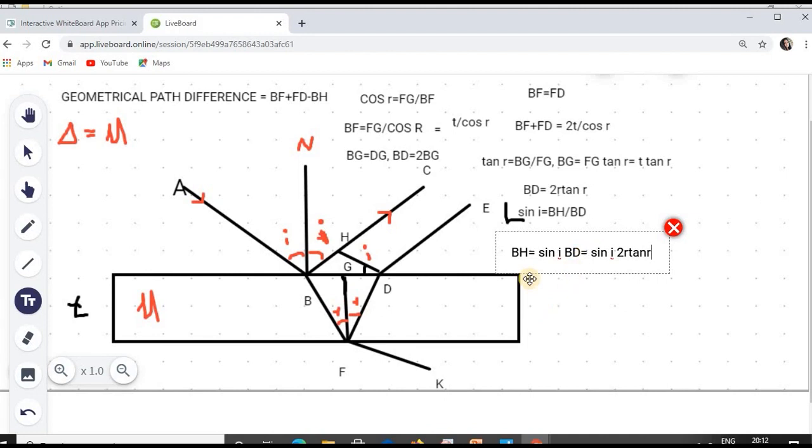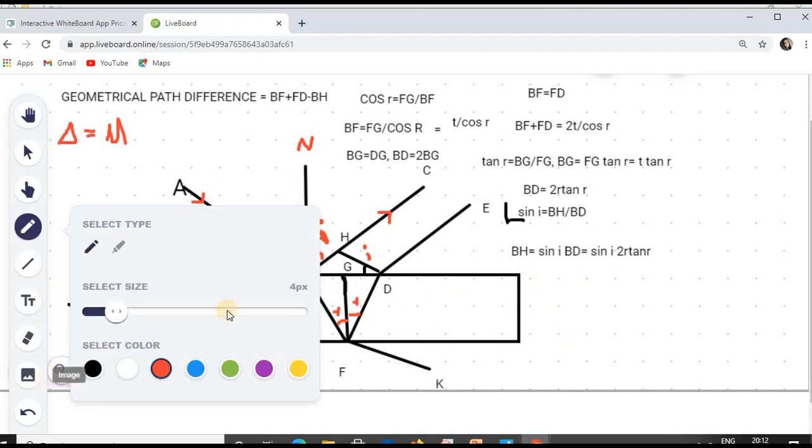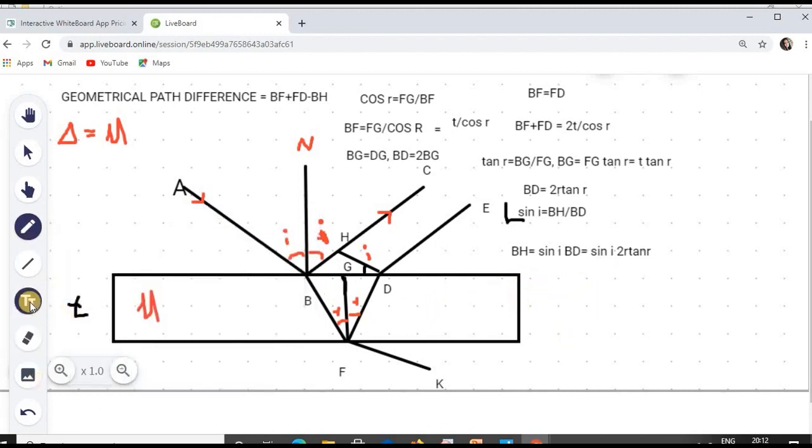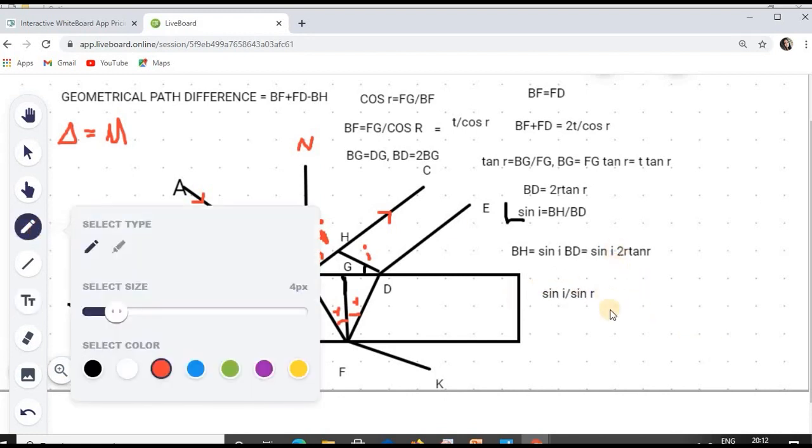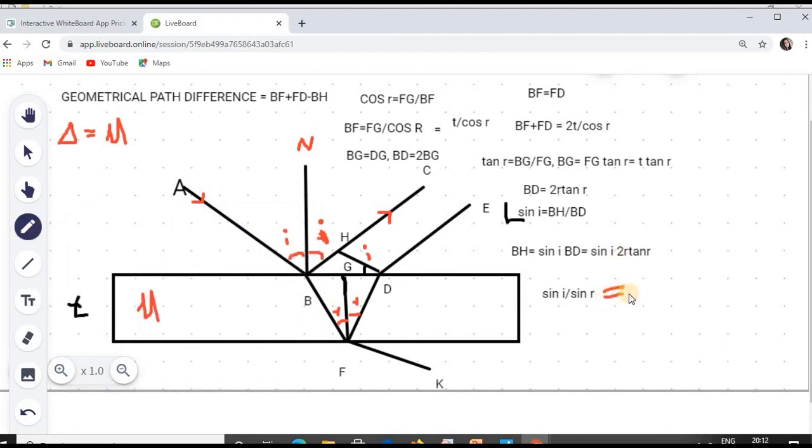And from Snell's law, what you can write is sin I by sin r is equal to the refractive index of the medium, that is mu. Sin I by sin r is equal to mu, which is the refractive index of the medium.